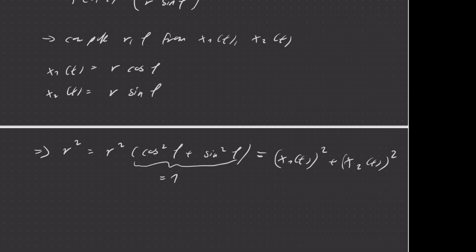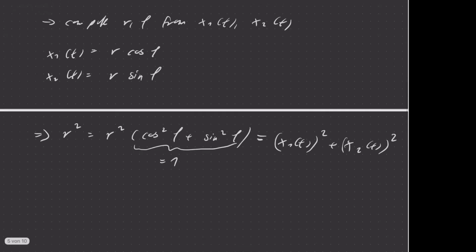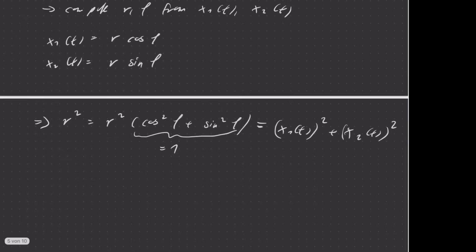Now what about the angle? That's a little more complicated. For the angle, it turns out that it might be a good idea to look at the ratio of x2 and x1. And of course, that also means we have to exclude cases where x1 equals 0. So we're not talking about those right now.